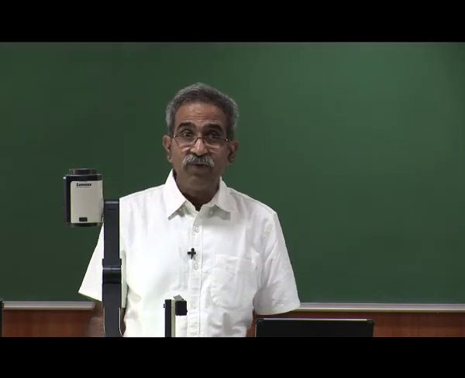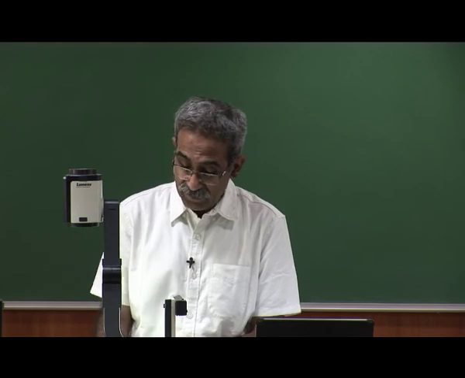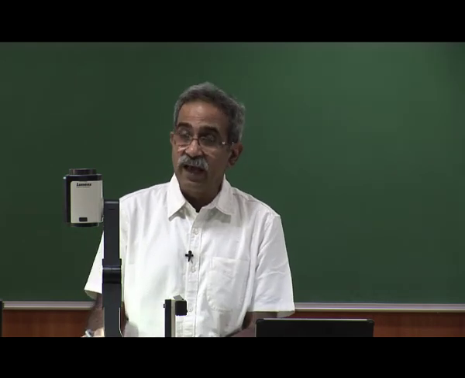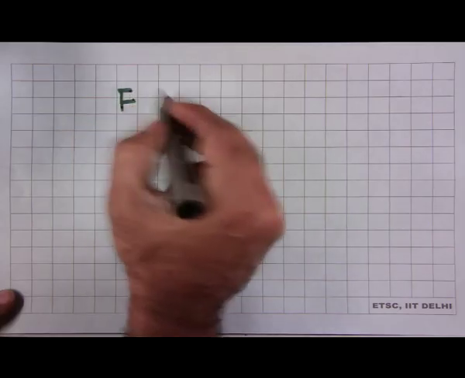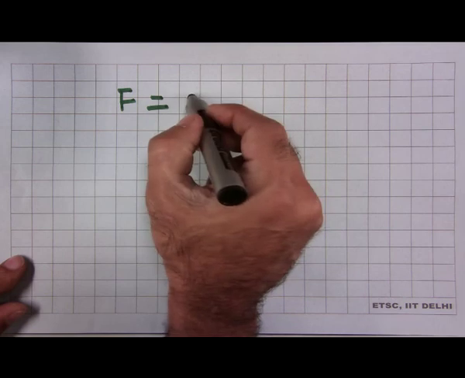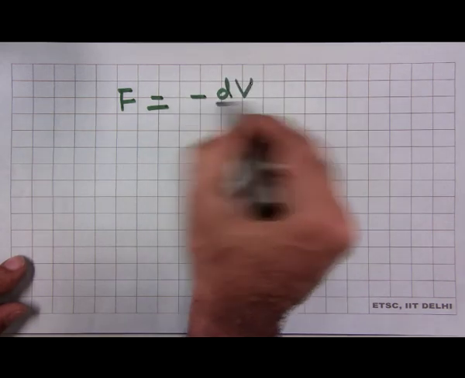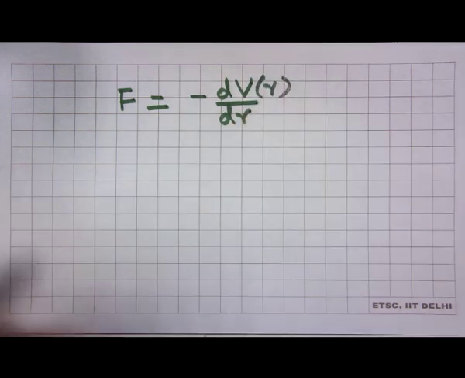If you guarantee for me that the work done is indeed independent of the path, then again you will learn in your higher classes that this F can be written as, let us assume that it depends only on the distance, the derivative with respect to r of a potential.